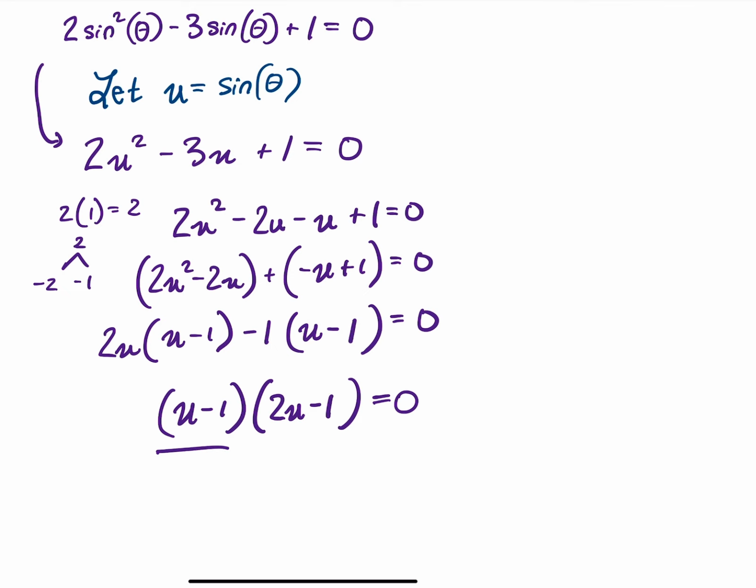So two factors multiplied equal to 0. We can set them separately equal to 0. So u minus 1 equals 0, and 2u minus 1 equals 0. Solve these for u. U equals positive 1. The second one would give us 2u equals 1, and then divide by 2, u equals 1/2.